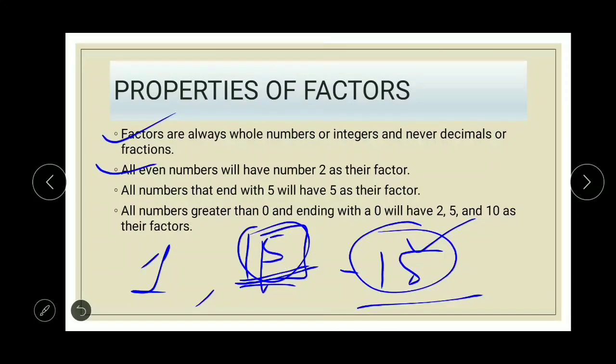Whatever the number is, if it contains 5 at its unit place, then we will say that number will always be divisible by 5. And if a number has 0 at its unit place, then the number is always divisible by 2, 5 and 10.